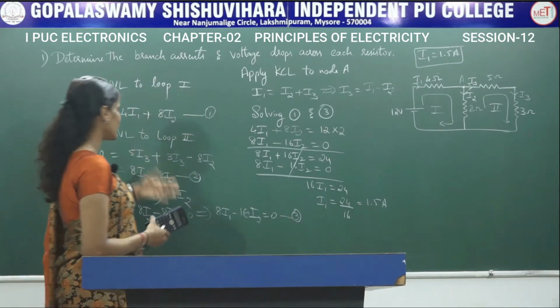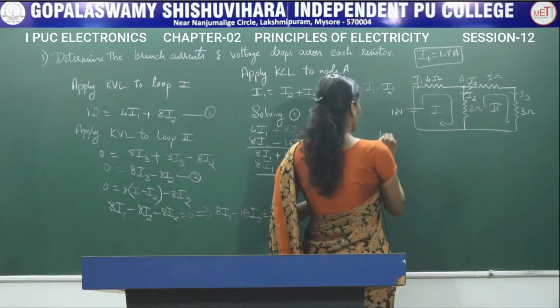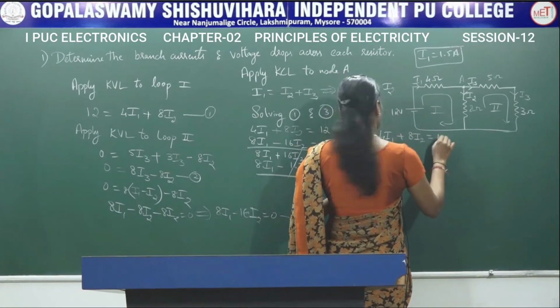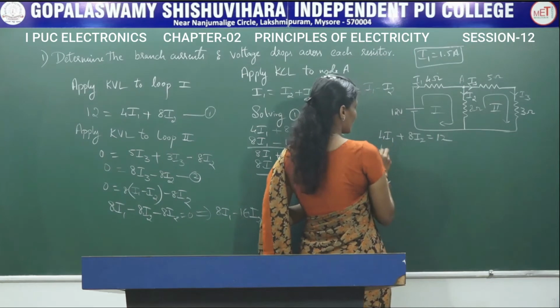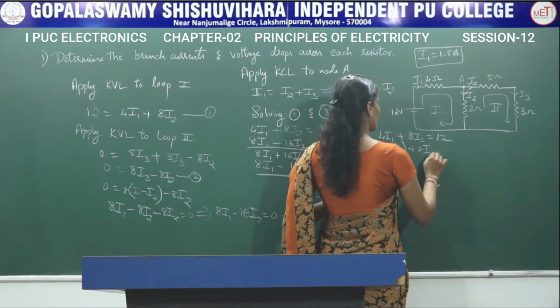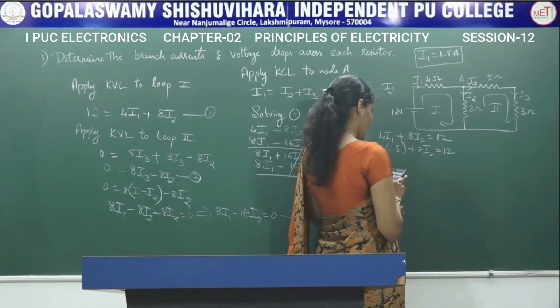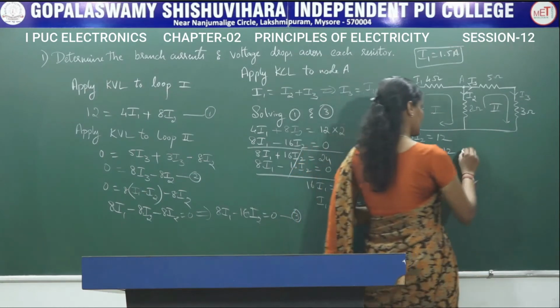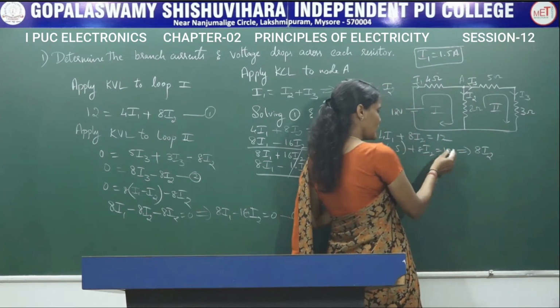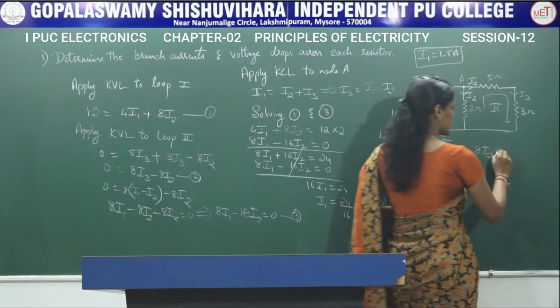Let me consider this equation itself. 4 I1 plus 8 I2 is equal to 12. So, in place of I1, I have to substitute 1.5. 1.5 into 4 gives me 6. So, 8 I2 is equal to 12 minus 6.